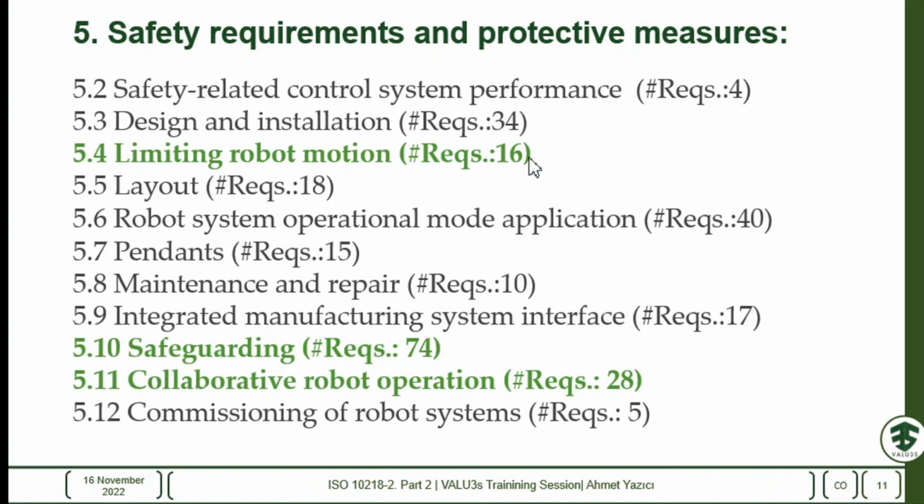Today we will present some of them, not all of them. Also, safeguarding has 74 requirements. For collaborative robot operation, there's also the interaction with the standard 15066. There are 28 requirements. Today we will also cover some of them to show what's going on there.